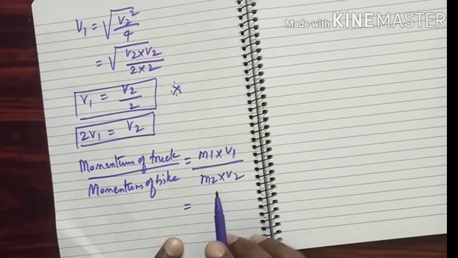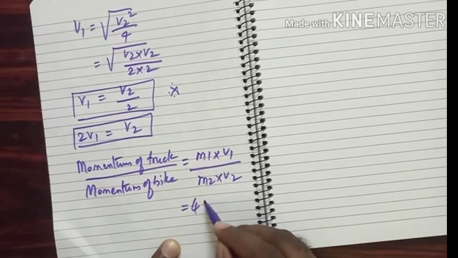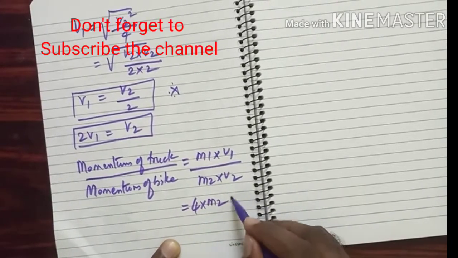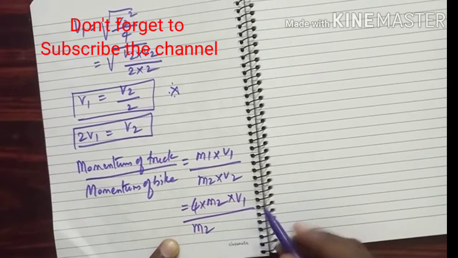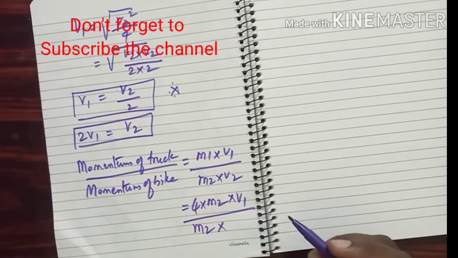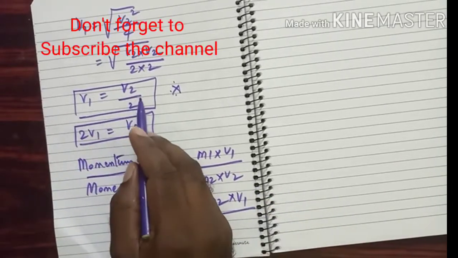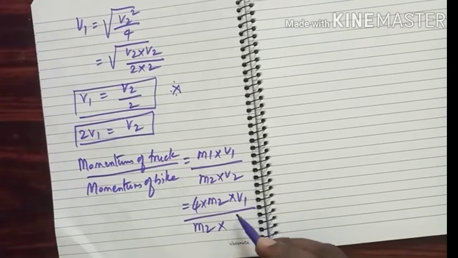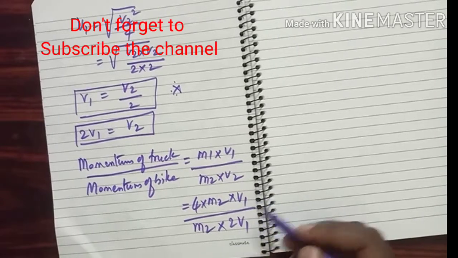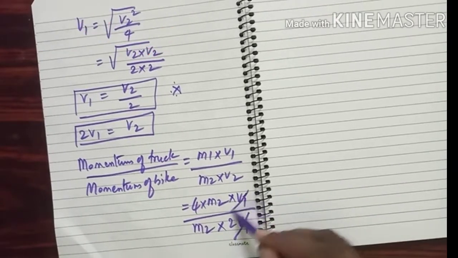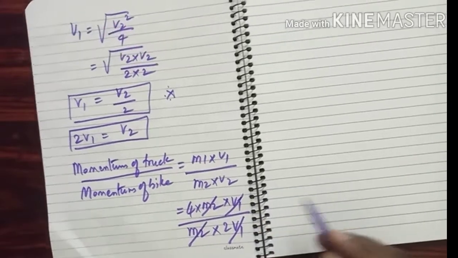But we have one more condition here: m1 is 4 times m2 as he has given, and v1 stays as it is. Here m2 is the same. For easier purposes, v2 can be written as 2 times v1. I am bringing everything in terms of v1, so it can easily cancel here. v1 gets cancelled and m2 gets cancelled.